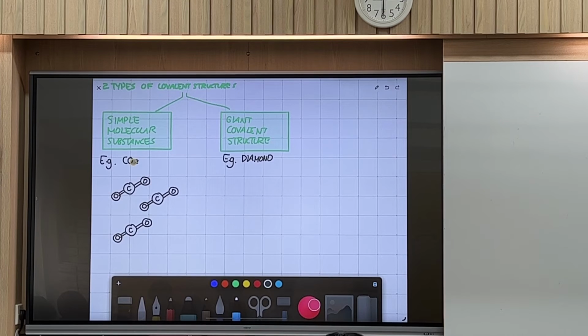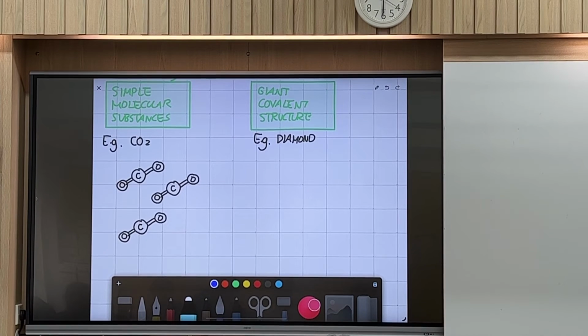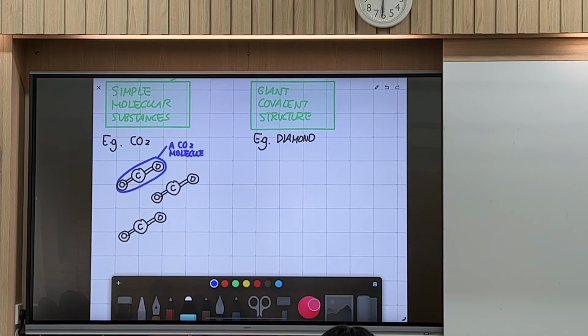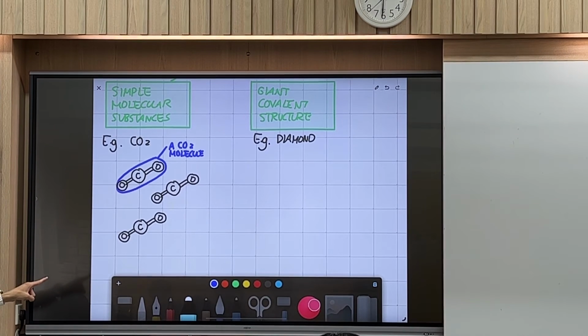In CO2, you have many of these same molecules. When you look at the air that we breathe out, we see many of the same CO2 molecules.